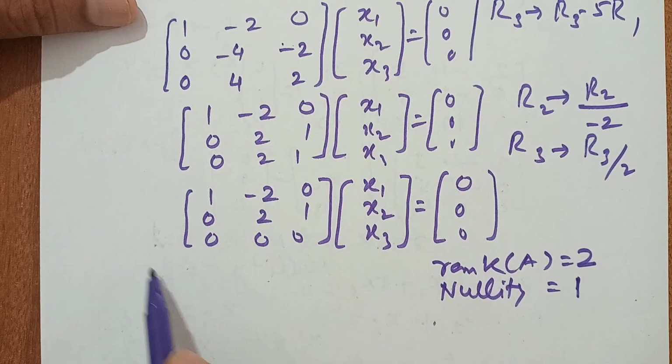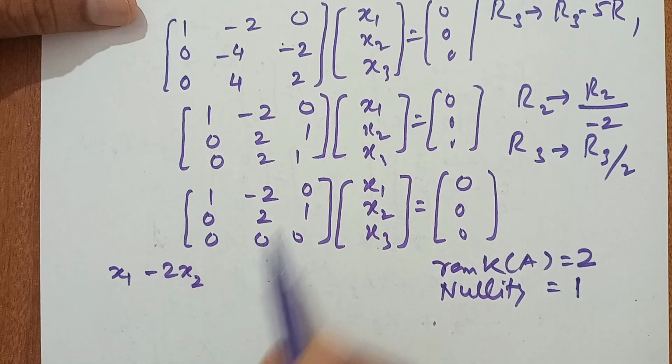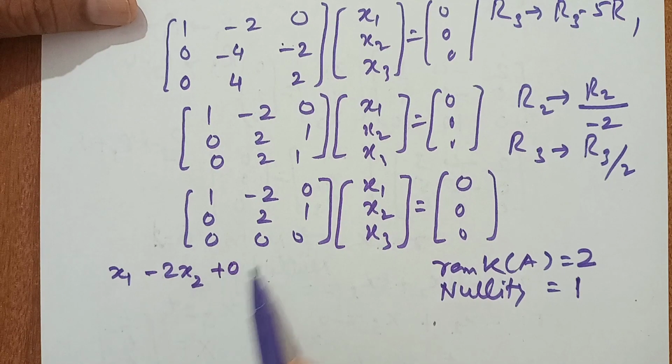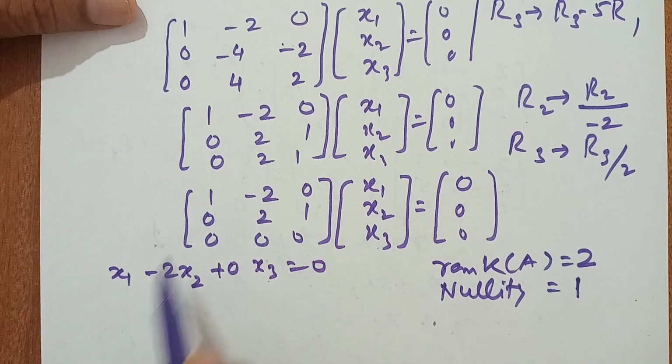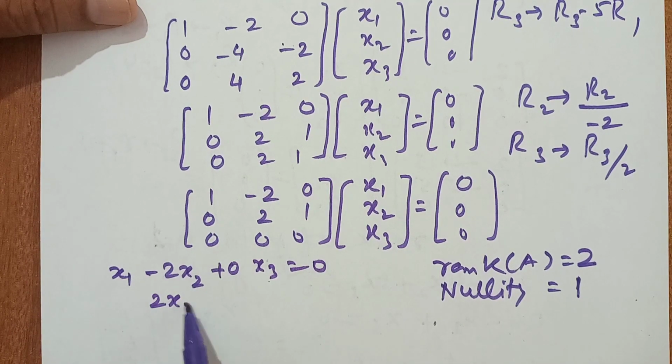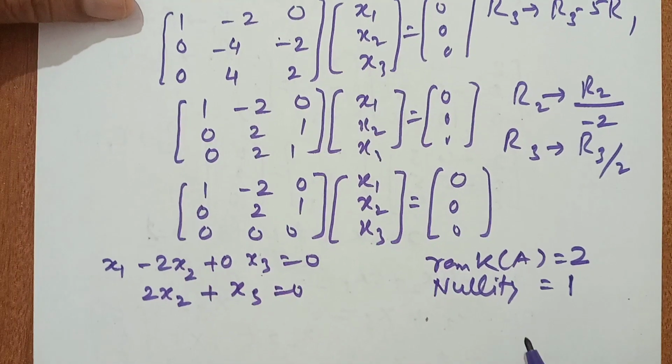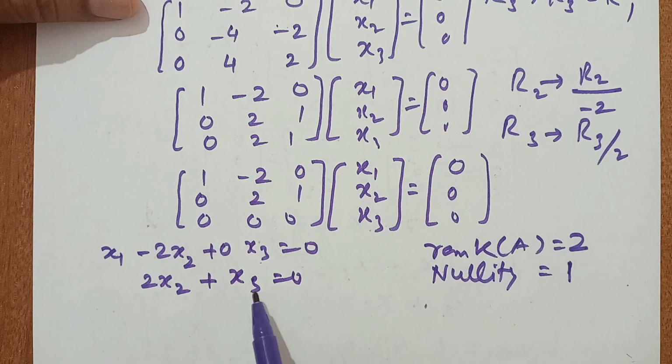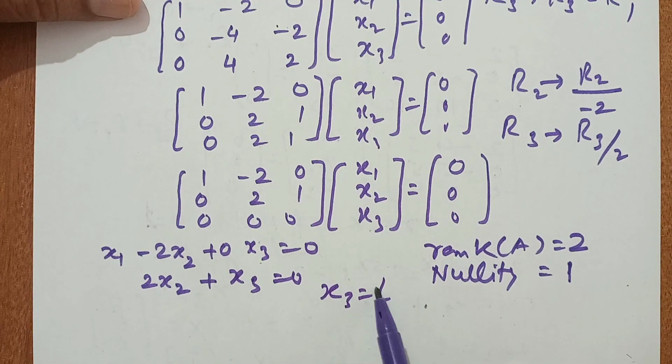So the equations are x1 minus 2x2 plus 0x3 equal to 0, and 0x1 plus 2x2 plus x3 equal to 0. Since the nullity is 1, we take x3 equal to t. So x2 is equal to minus t by 2.